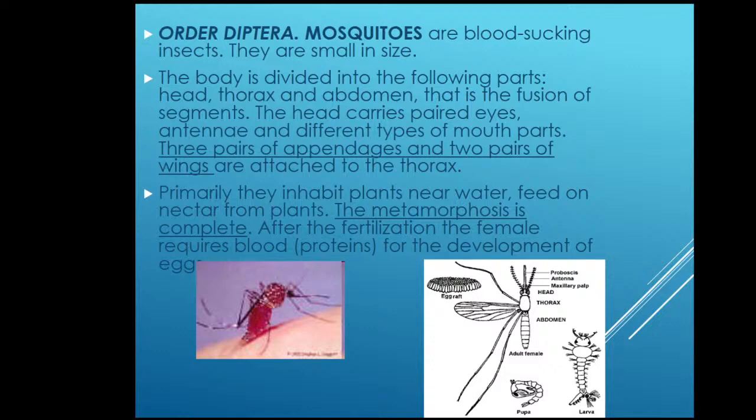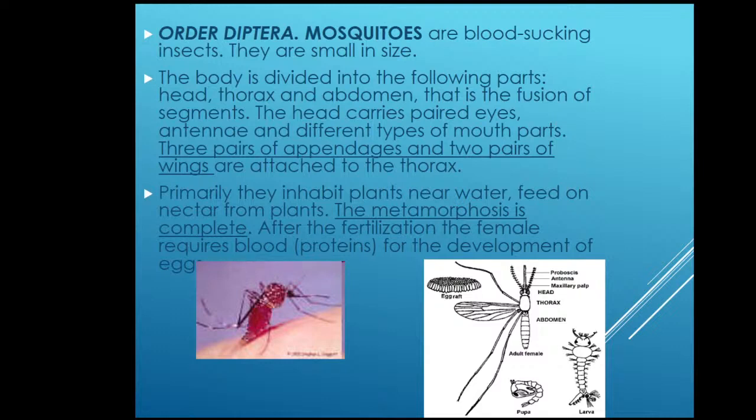The head carries paired compound eyes. Each has antennae and different types of mouth apparatus. Most mosquitoes have a sucking mouth apparatus.